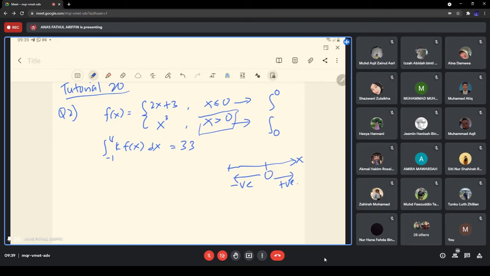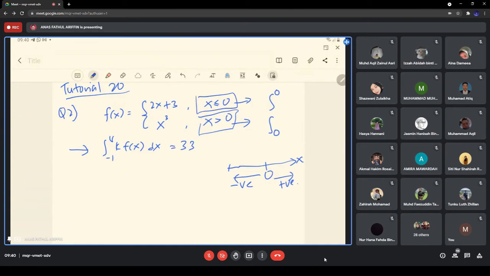Okay, we go back to our question. Now we have the integral from -1 to 4 of k f(x) dx equals 33. We want to find the value of k. So firstly, as usual, we split first. Kenapa kita kena split? Sebab kita ada two conditions. Kita ada piecewise function, x less than or equal to 0 and x greater than 0.